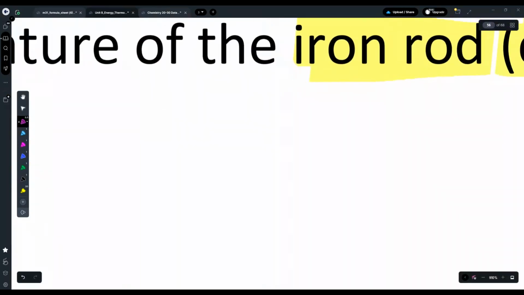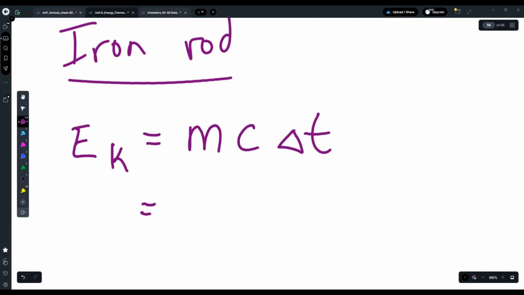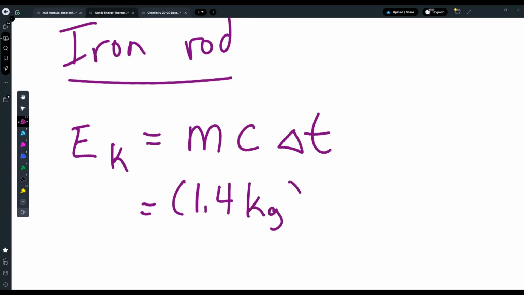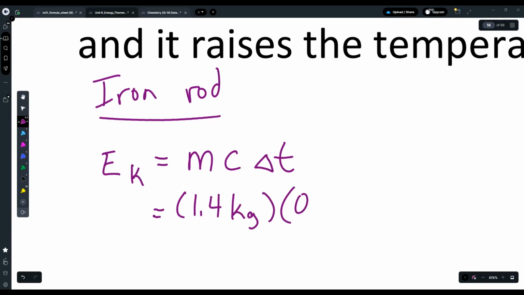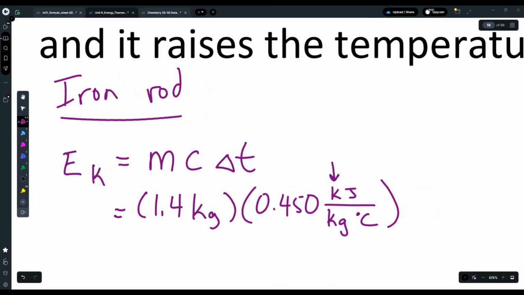You could go either way. I'm just going to choose to keep it in kilograms. Since we have the prefix kilo in the top and the bottom, that doesn't change the value, because the kilos cancel out and you'll still have the same value.